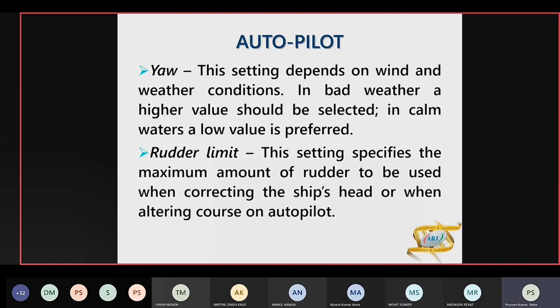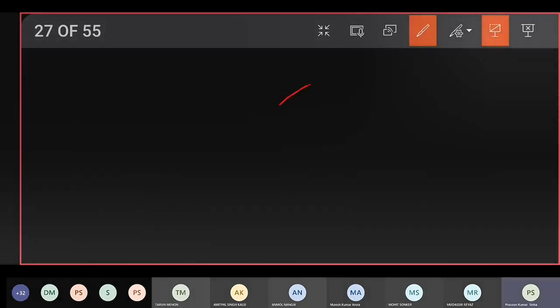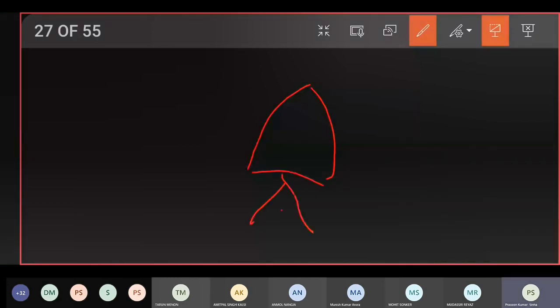I had received an input that yes, we will operate the rudder to keep the vessel on a straight course. What will actually happen if you apply the rudder too much? Actually, there is a resistance which the rudder is providing to the water, or the water is providing to the rudder.